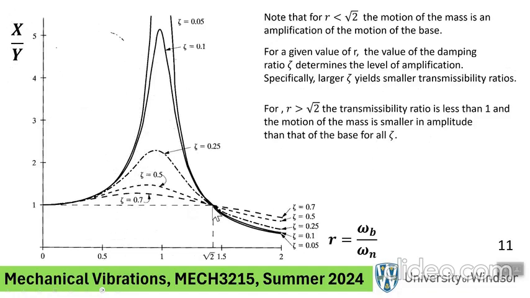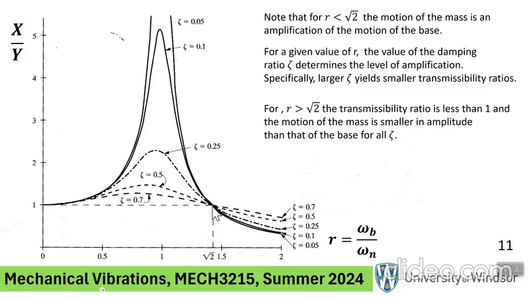Now, if R is bigger than √2, if the frequency ratio is bigger than √2, then this transmissibility is less than 1. You can see that. All below the line transmissibility equal to 1. Okay, and this is true, of course, for all damping values. However, it also tells you that with a higher damping, in fact, it is not as good.